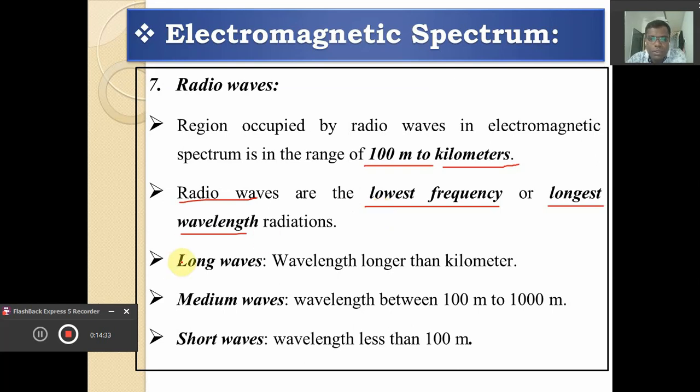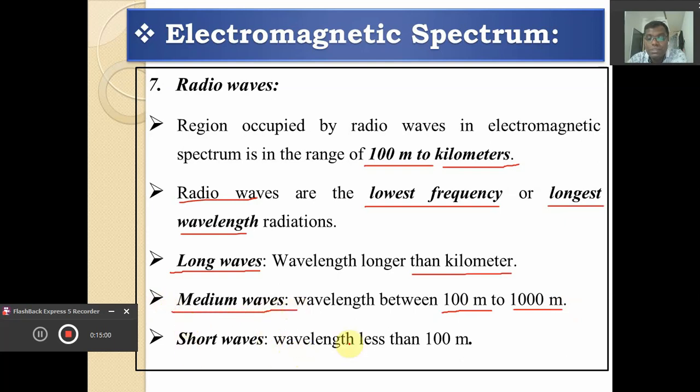Radio waves are called long waves if their wavelength is longer than a kilometer. It's very important. If the radio waves have a wavelength between 100 meters and 1000 meters, then they are called medium waves.